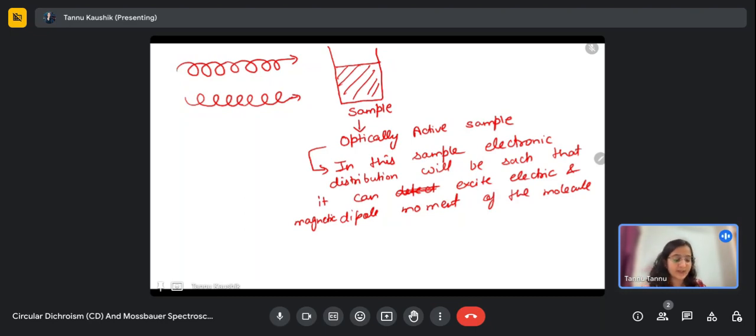So only optically active samples will have electronic distributions such that they can excite both the electric dipole moment and magnetic dipole moment together, and this optically active molecule will be able to detect the helical motion of the right hand and left hand circularly polarized light.